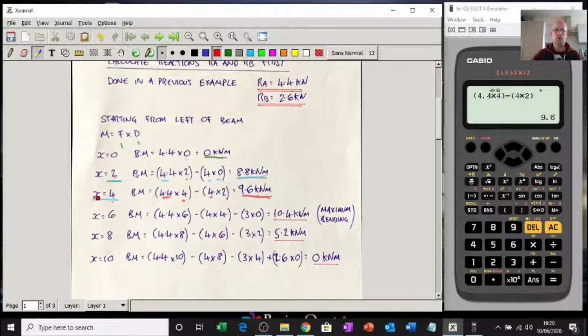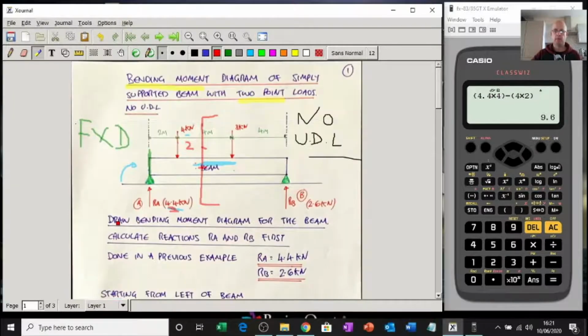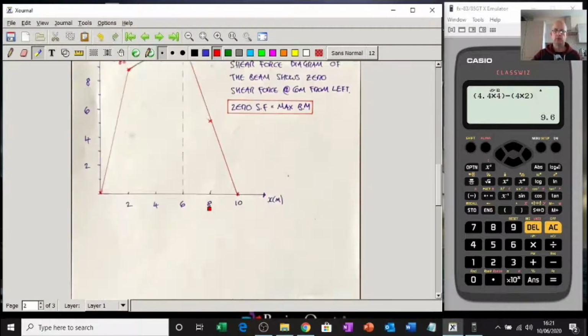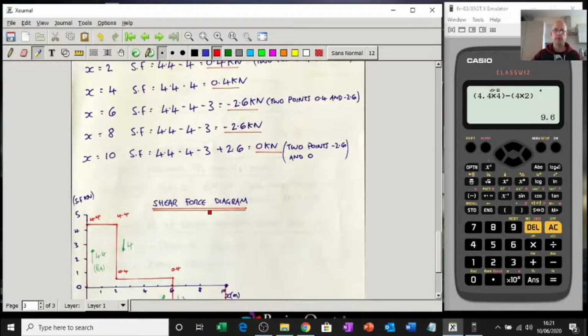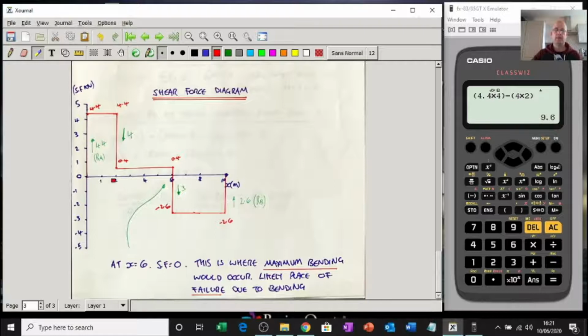2, 4, let's go to 6. The reason 6 is important is because if you remember, we did the shear force diagram for this example, and I'll scroll down because I put it down here. So this was the example we did for shear force, and when we did it, we worked out that at x equals 6, there was 0 shear force.